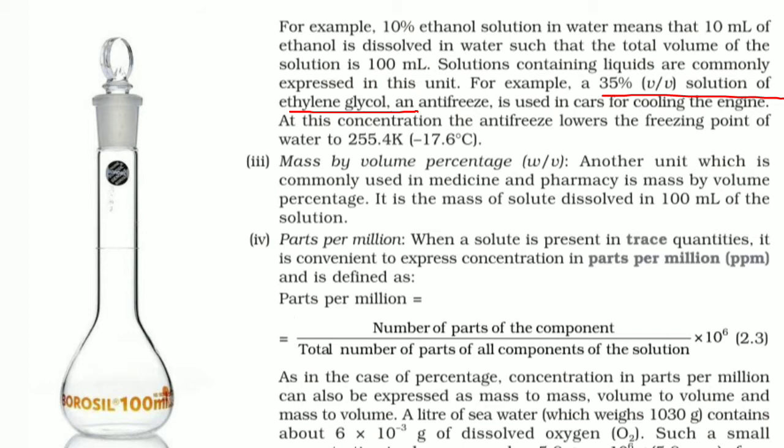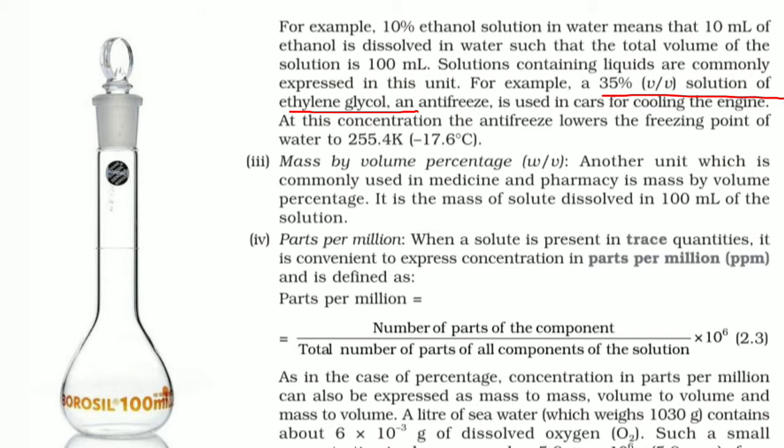Here you see the concentration of the ethylene glycol solution is represented as 35% volume by volume. That means the solute, ethylene glycol, is in liquid form and the solvent, water, is also in liquid form. That's why we can use this way of expression to represent the concentration of these solutions.